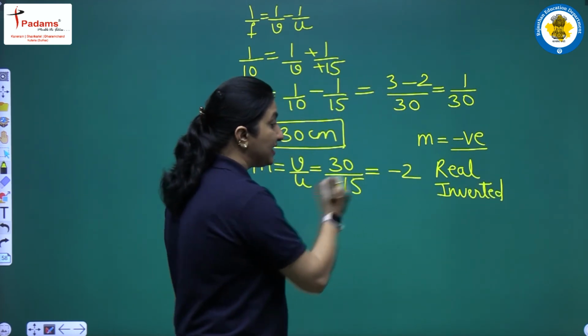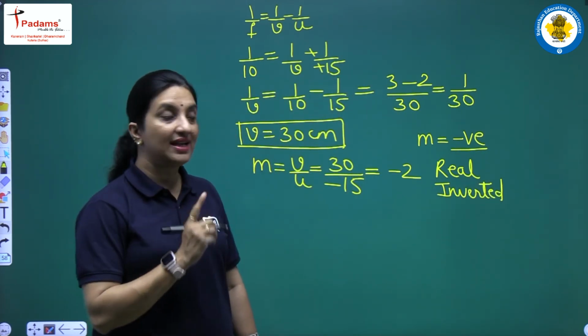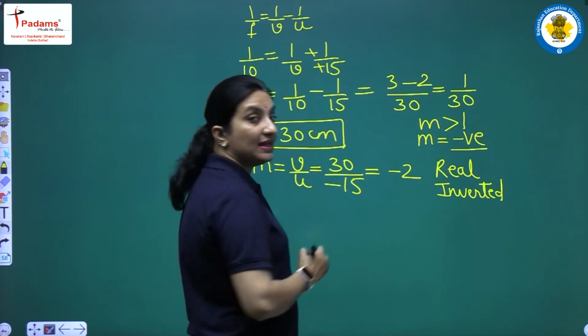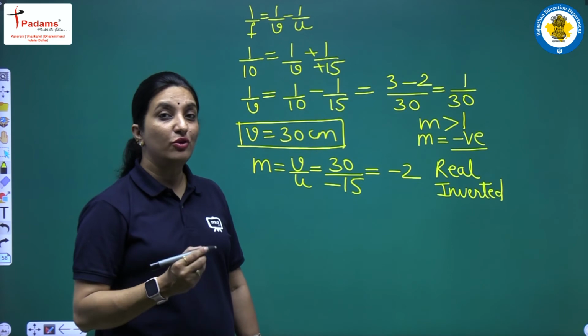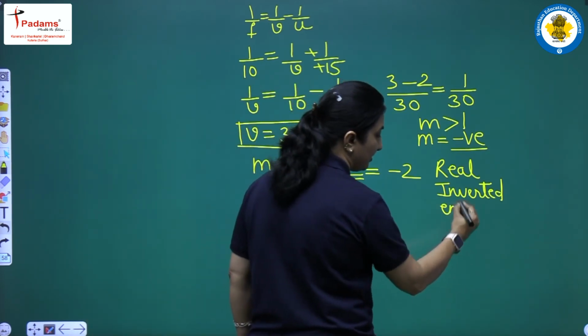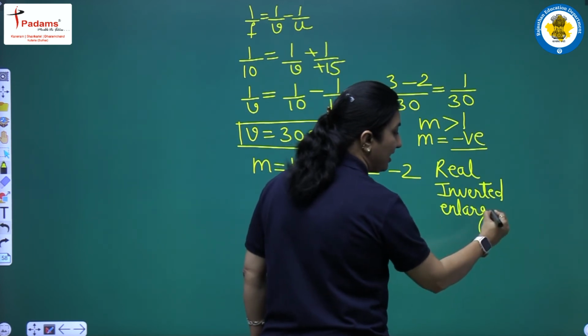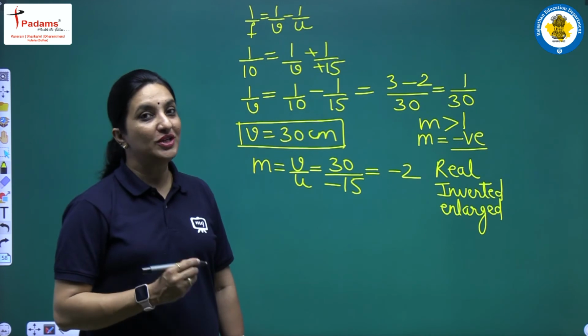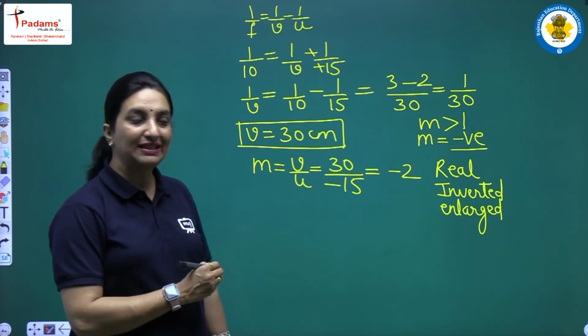And here, since the value of m is minus 2, that is, the magnitude of m is greater than 1, we are getting an enlarged image. Right students?